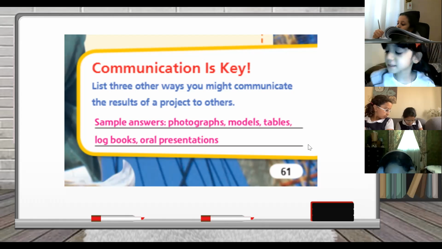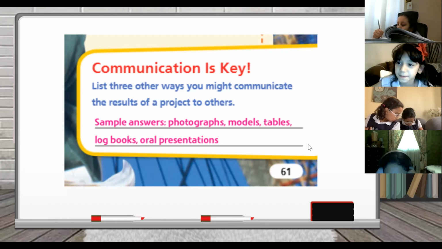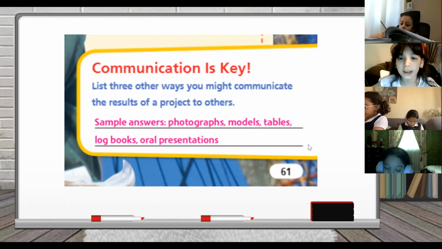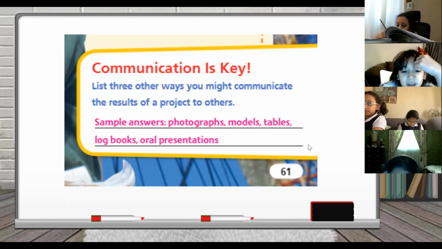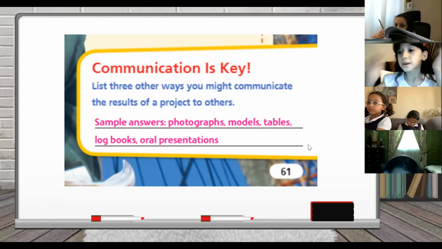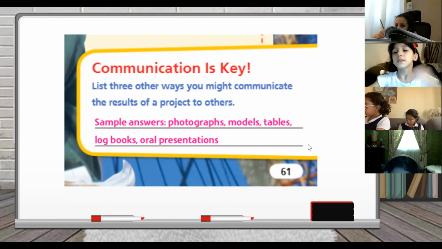Data tables are... They show what? Okay, what do I mean by data? Data means what? It's in the test.